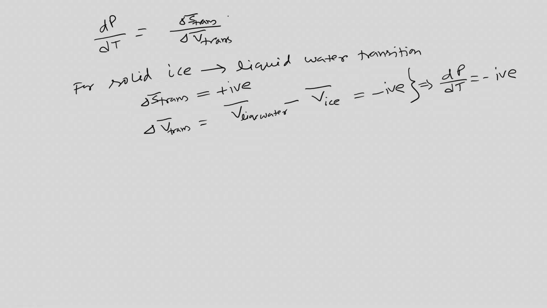So, if we plot P versus T, then for the transition solid ice to liquid water, we get a negative slope, right?